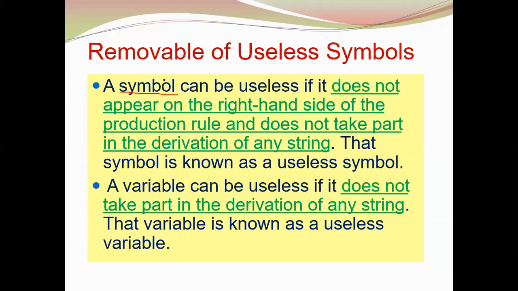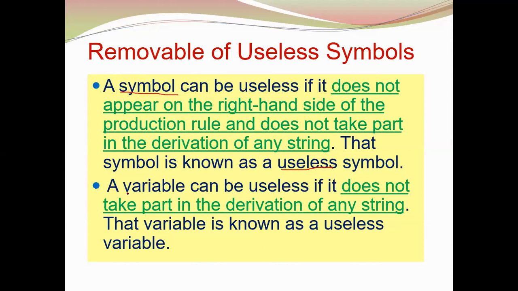A particular terminal is useless when the particular production is not used anywhere in the derivation. What is the aim of the grammar? It is just for deriving some string, right? For that purpose, if we do not use a particular symbol or terminal, we say that terminal is useless.